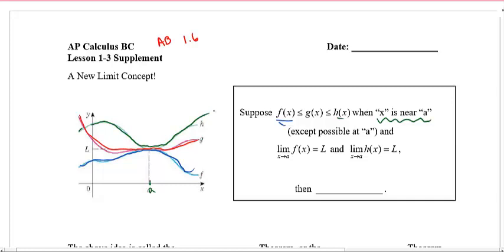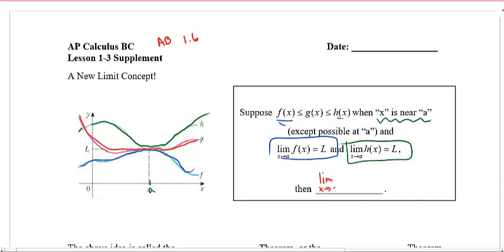So if the limit as x approaches a of f of x, the lower function, is L, and if the limit as x approaches a of h of x is also L, then what conclusion can you make about that middle function?